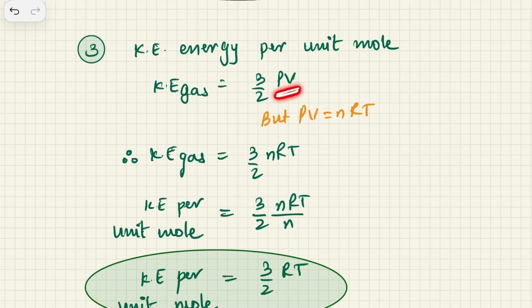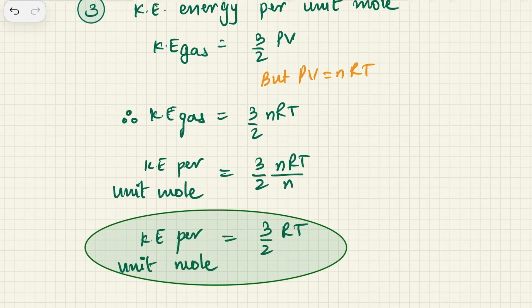So wherever there is a PV, I'll put nRT. Now this is the kinetic energy of a gas, but I want the kinetic energy per unit mole, so I'll have to divide this equation by the number of moles. So that is divided by n, and n gets cut, what remains is 3 by 2 RT. That becomes our kinetic energy per unit mole. So this is the third.